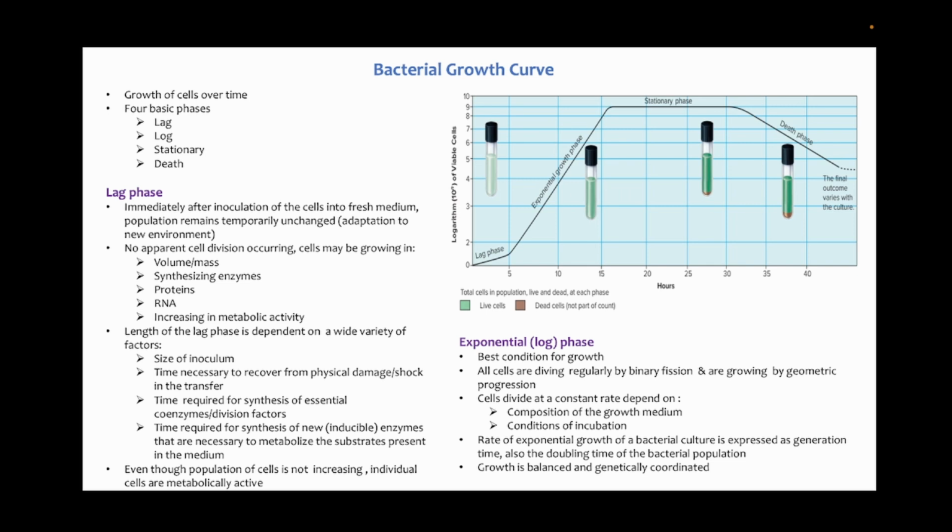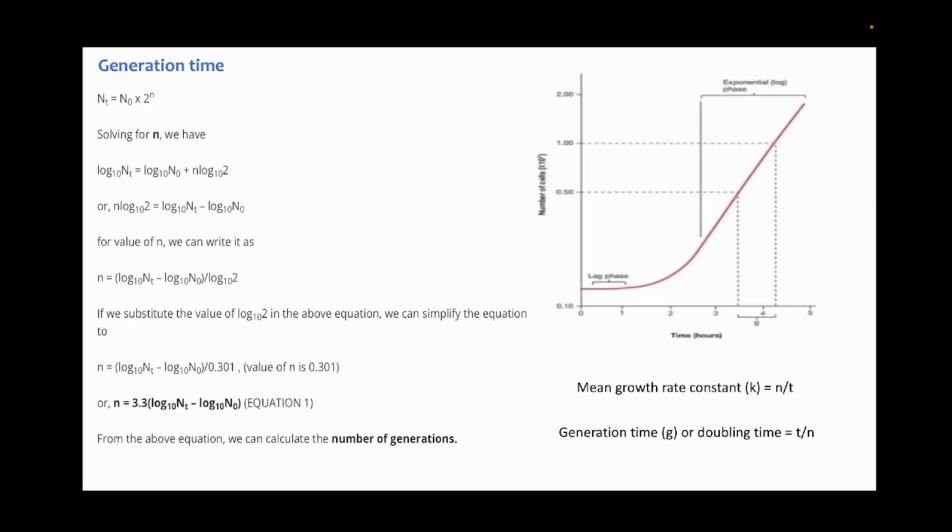Okay, so that's why when you calculate the generation time, usually we take the log 10, the N at time t, the number of cells at time t, and time 0, usually we do it here.